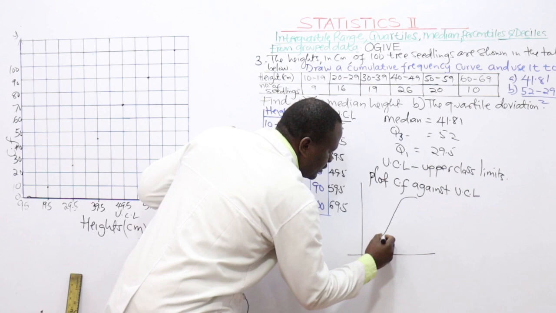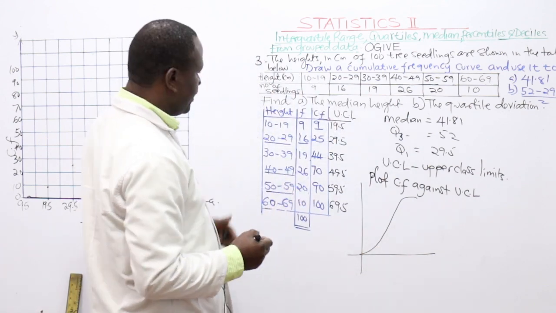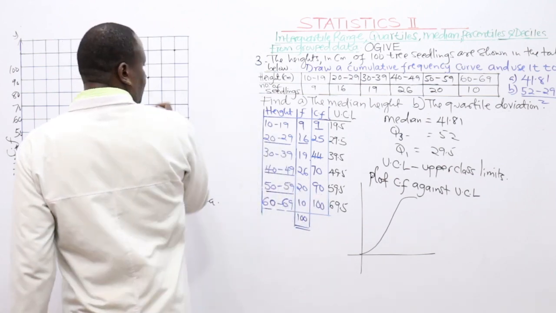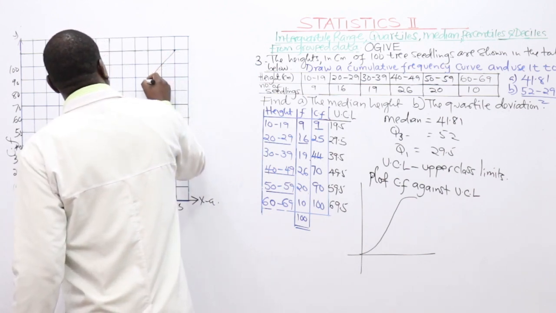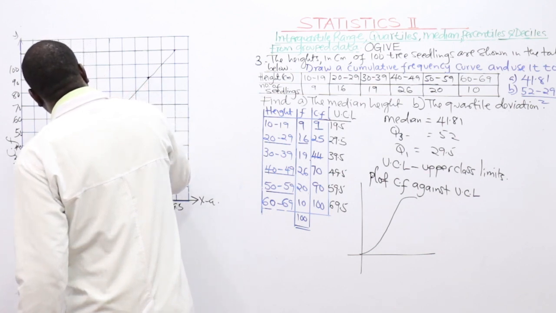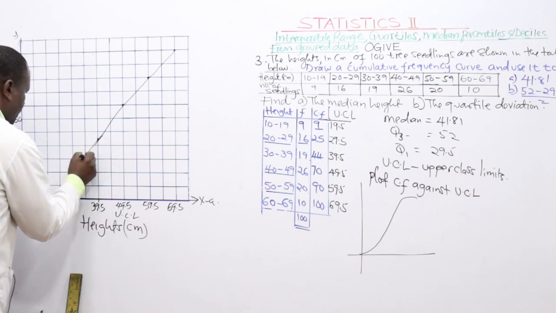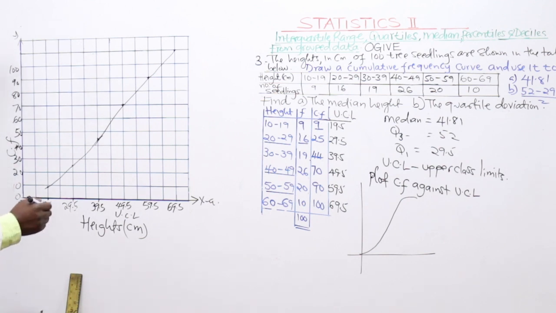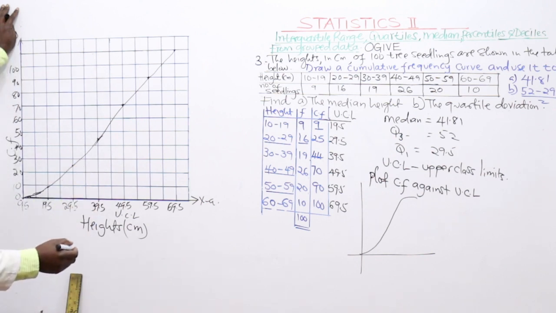Now, when you draw the graph, it should look almost like an S, but not an S. It should not hang. You should join it to 9.5 so that it doesn't hang.